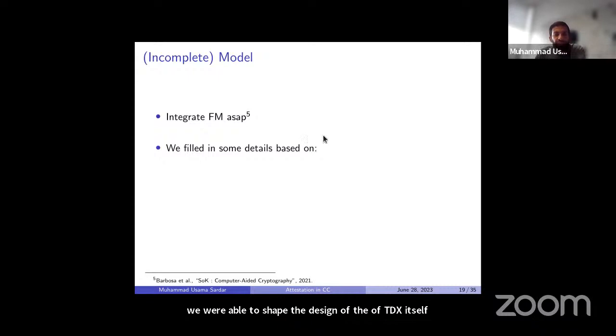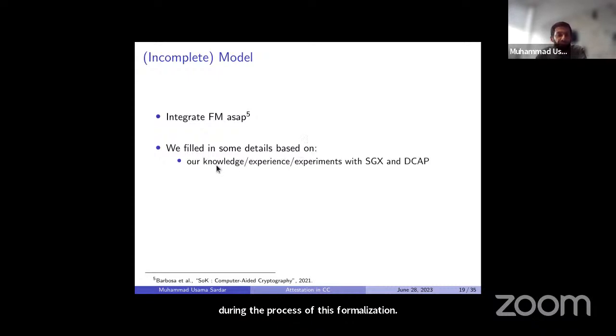To fill in the missing details, we had some previous experience with the older technology, SGX, and one specific data center attestation primitive, which TDX, the newer version, actually reuses. Since TDX is not yet released publicly, we used the experiments that we did with this in order to understand what could possibly be done in TDX.